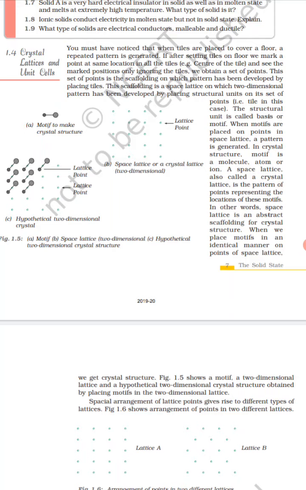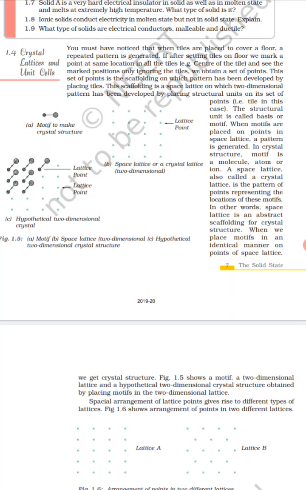Now, if these constituent particles are removed from their position and instead of these particles we put a point, then the point is known as lattice point.